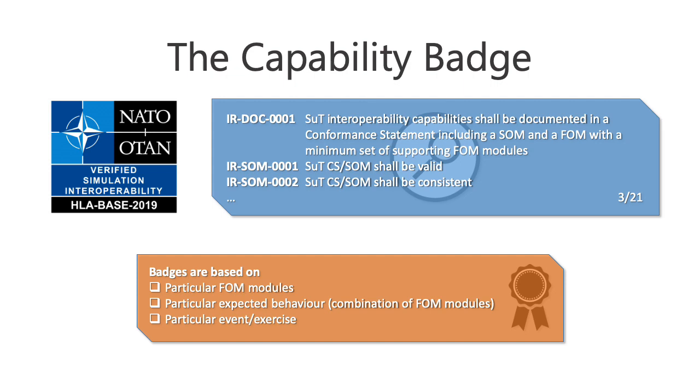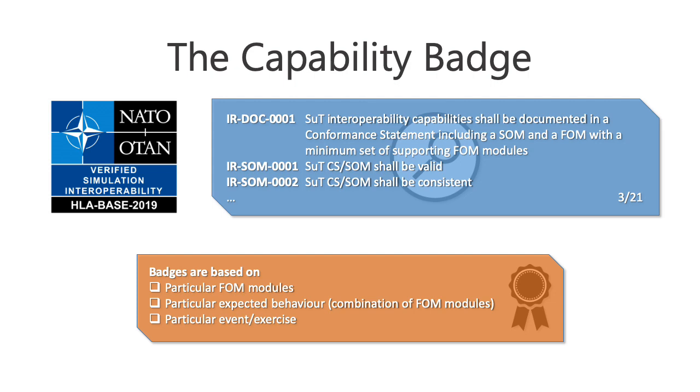When we talk about the tool and the certification process, we also have to talk about the concept of badges and interoperability requirements. What you can see here on the left-hand side, this little icon here, this is what we call a badge, and a badge consists of different interoperability requirements.